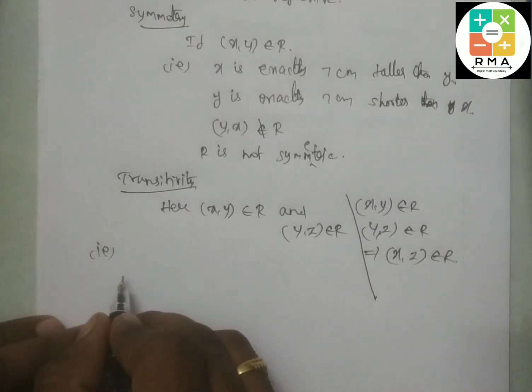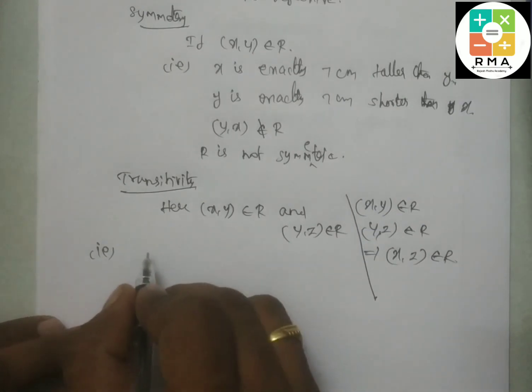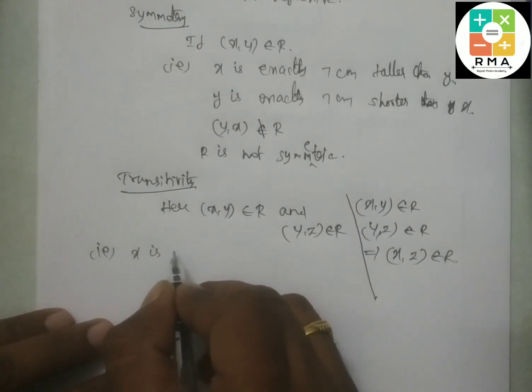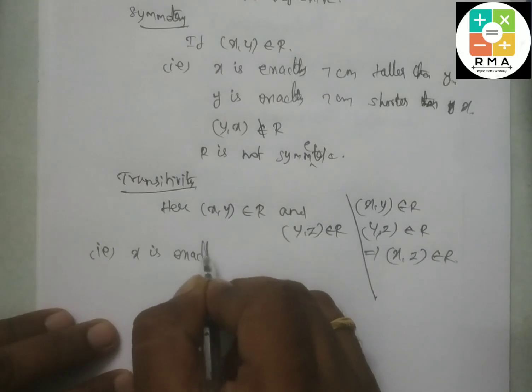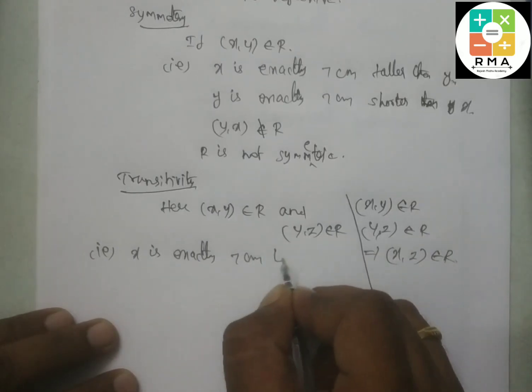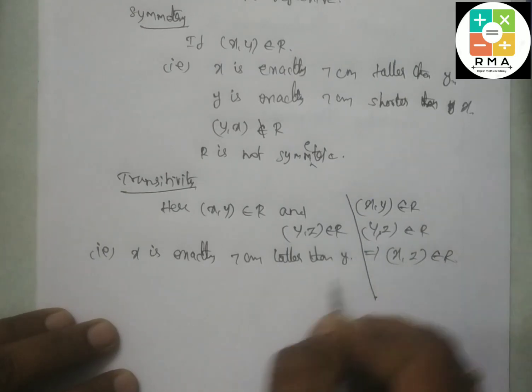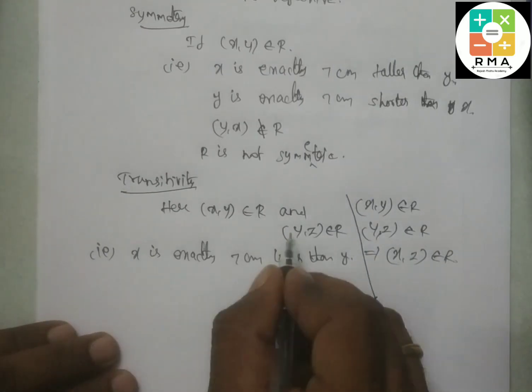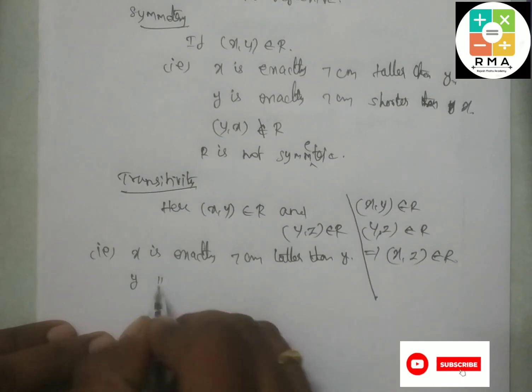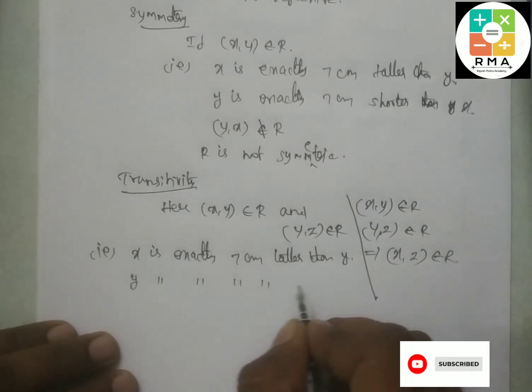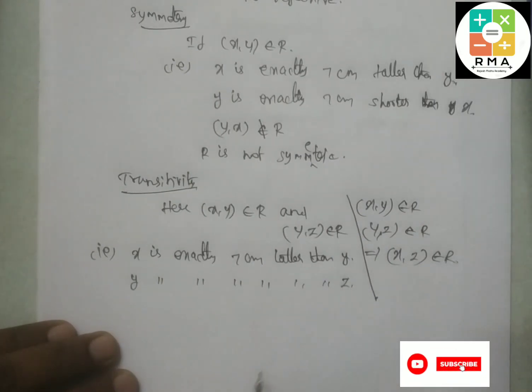X is exactly 7 centimeter taller than y. Similarly, y comma z belongs to R means y is exactly 7 centimeter taller than z.